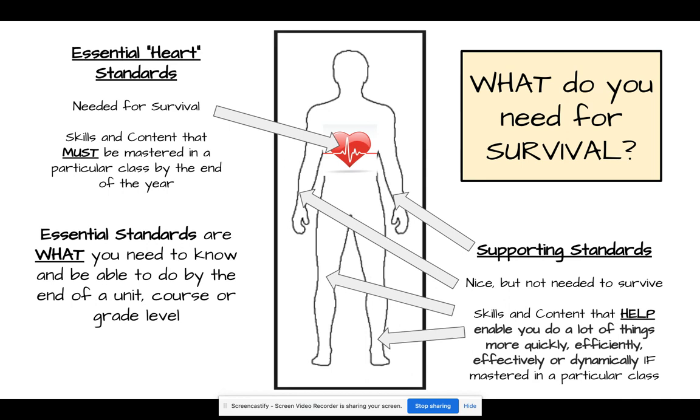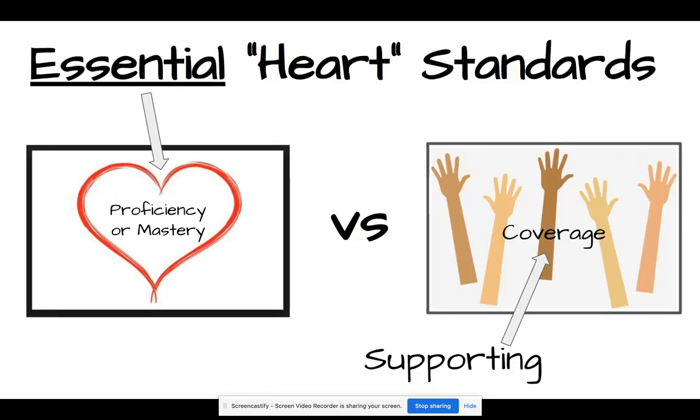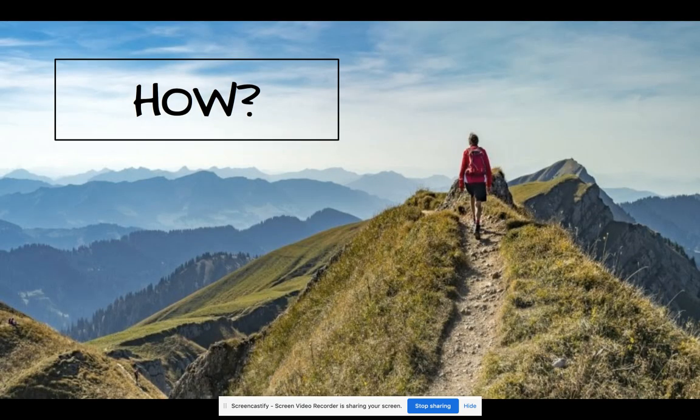It's nice if they have them, so yes, absolutely cover them, but not nearly to the same degree that you're focusing your assessment energies, your direct instruction energies, your differentiation energies on with regard to essential. So again, essential, those are the ones you're working towards proficiency or mastery, versus coverage, arm and leg standards, which are supporting, that you're merely talking about and addressing in the larger context.